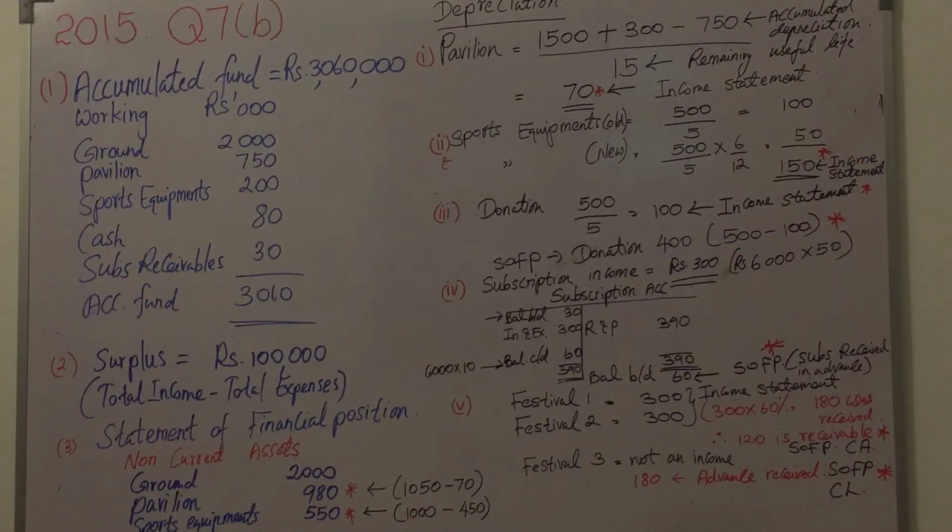Receipts and payments account debit, subscription account credit, 390. Right, and in this 390, 30,000 rupees is relevant to the previous year. That means at the beginning of the year, subscription receivable you need to include as an opening balance, which is an asset. So that appears on the debit side.